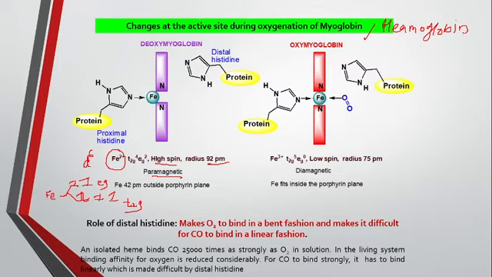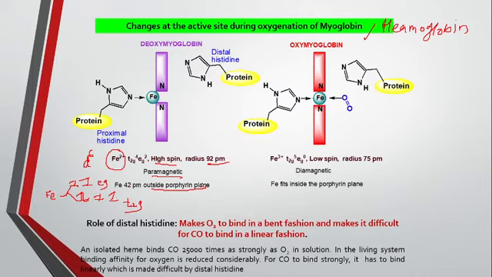Whenever this histidine is attached to the Fe, this Fe is present above the plane of the porphyrin ring, outside the porphyrin plane.